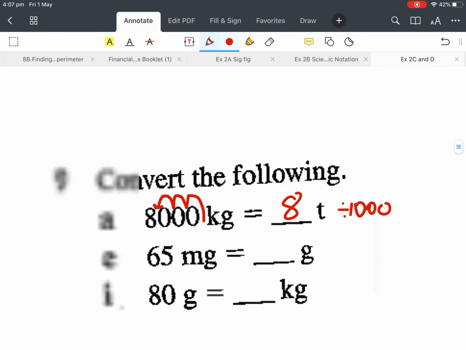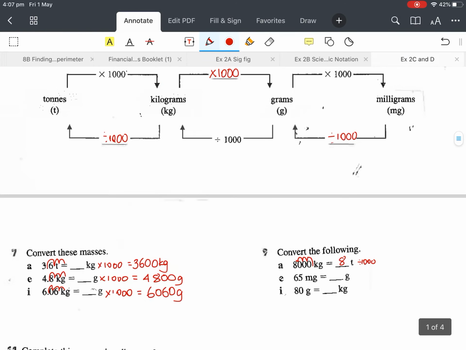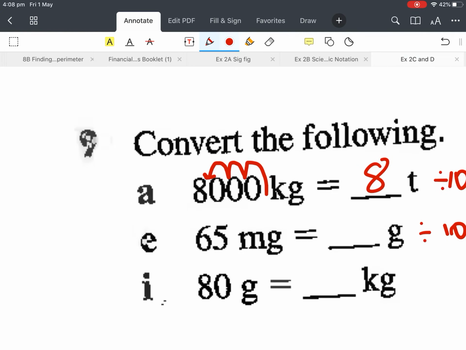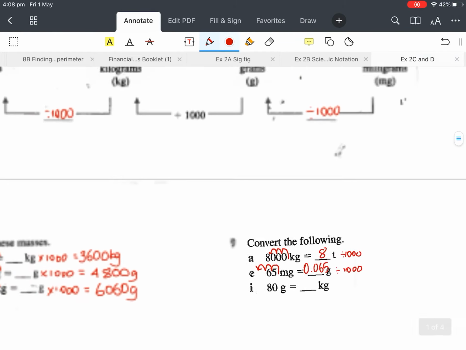That's 8. Milligrams to grams. If I look at my diagram, milligrams to grams means I again divide by 1,000. Hopefully you'll start to see a pattern. So start at the end and 1, 2, 3. So that's going to be 0.065. Last one is grams to kilos.